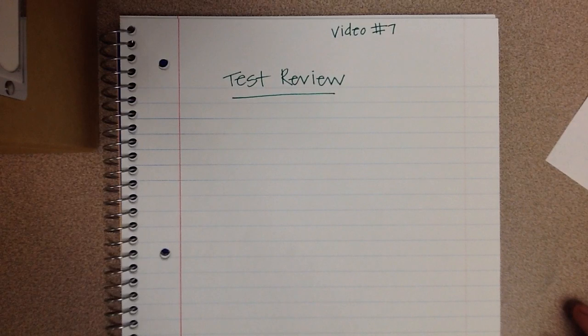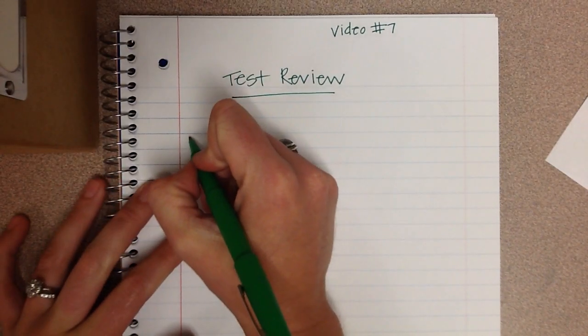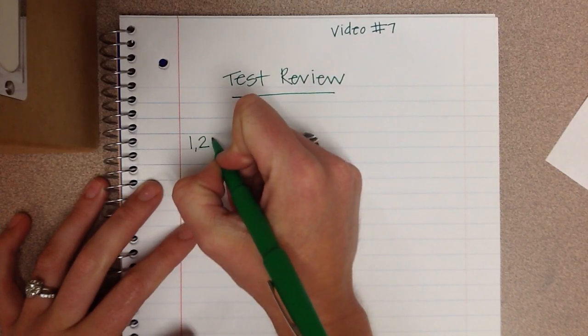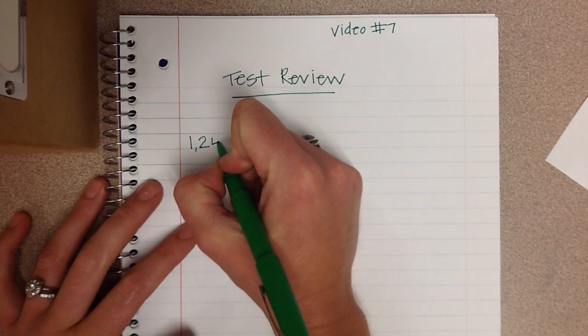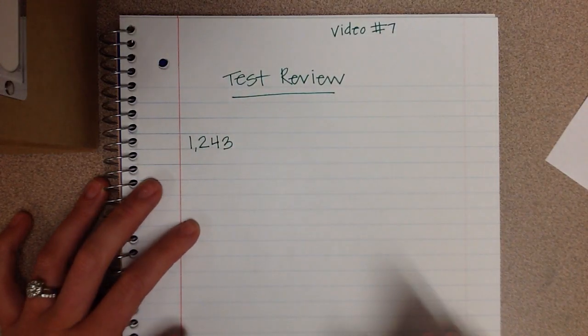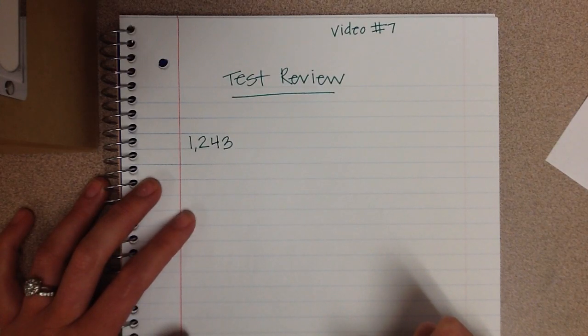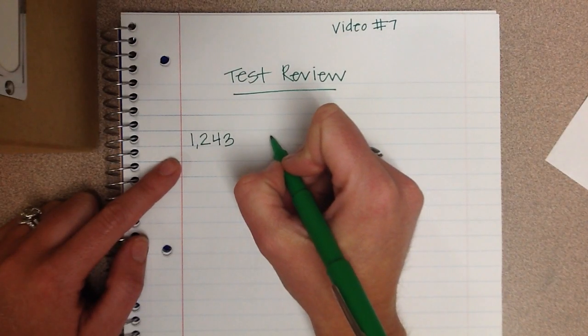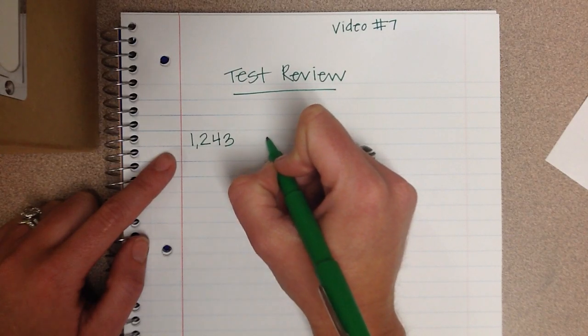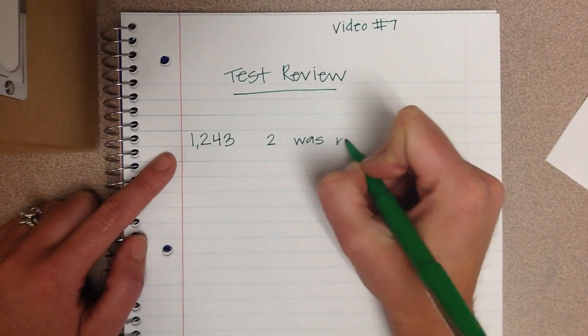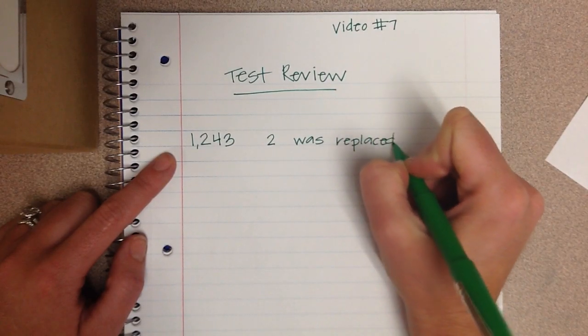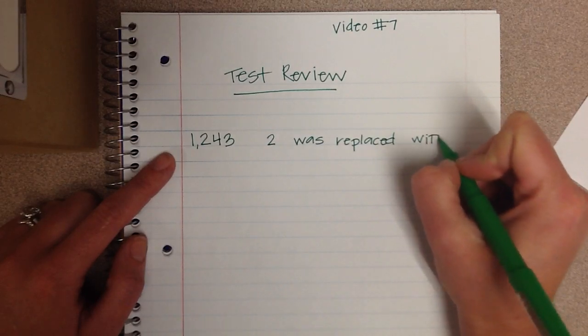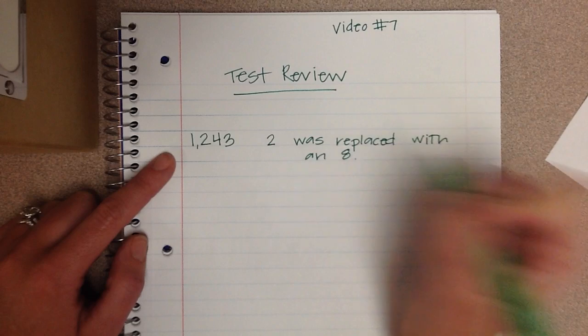One of the first problems that you need to be familiar with is, if you had a question, say you had the number 1,243, and it said if 1,243 would be increased if the 2 was replaced with an 8, what would happen?